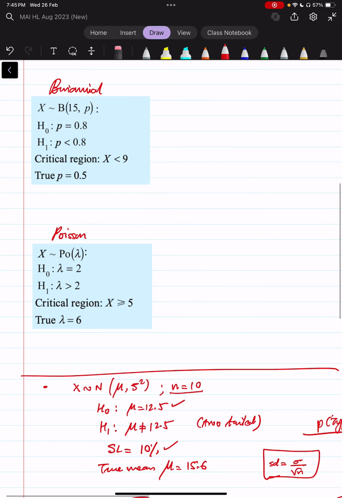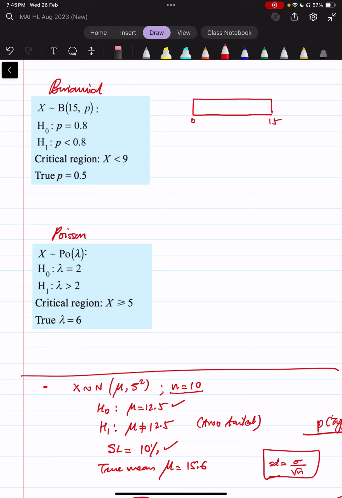Now the same logic holds good for binomial as well. So you cannot draw a bell-shaped curve. They've given it the critical value. So instead of critical value, if they give you SL, then you have to use trial and error and get the critical value. Okay. Or you can use the inverse binomial also. Fine. Now here, you draw a box like this. Your critical region, so this is 0, this is 15.